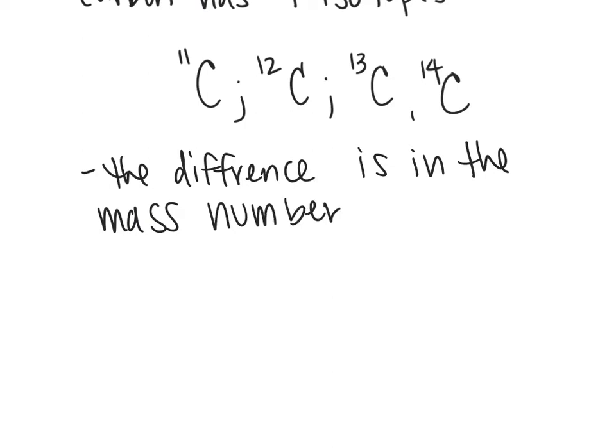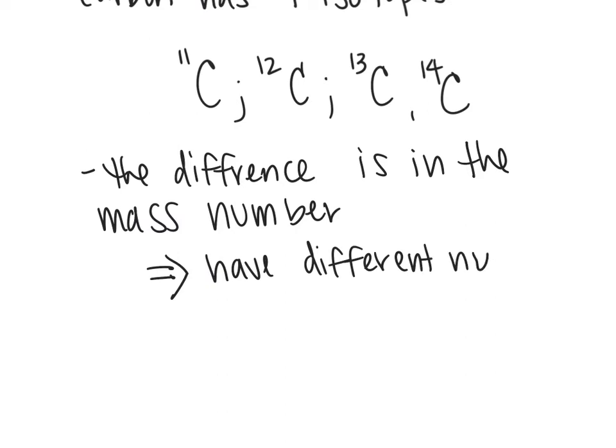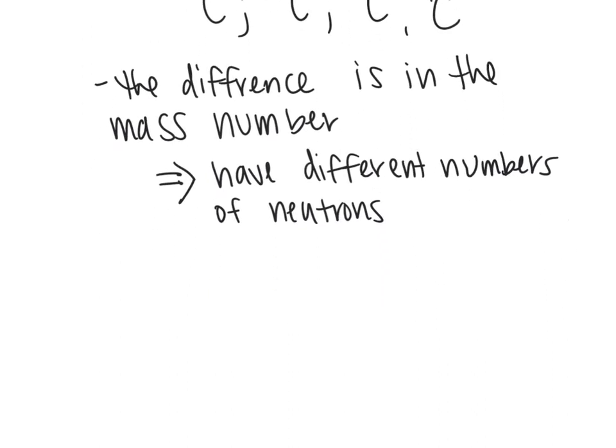The important thing here is they have different numbers of neutrons, which basically means that you can say that carbon 14 is heavier than carbon 11. The number of neutrons can be determined from the mass number.